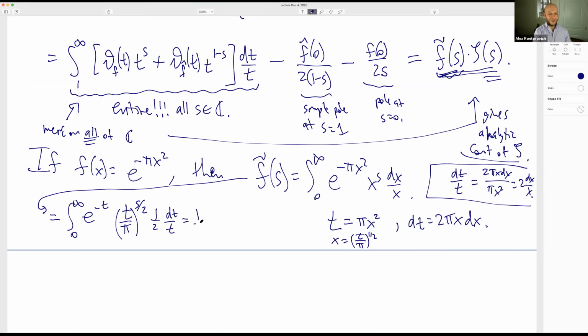Okay, so the 1/2 I can pull out. There's a pi to the minus s over 2. And what's left over? What's the dt integral? The gamma function, gamma function at s over 2.